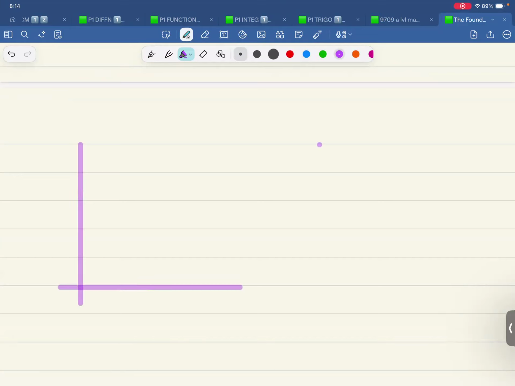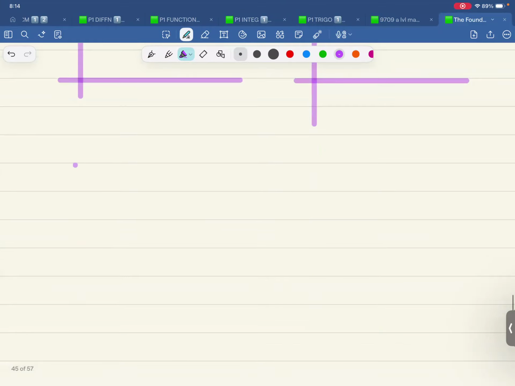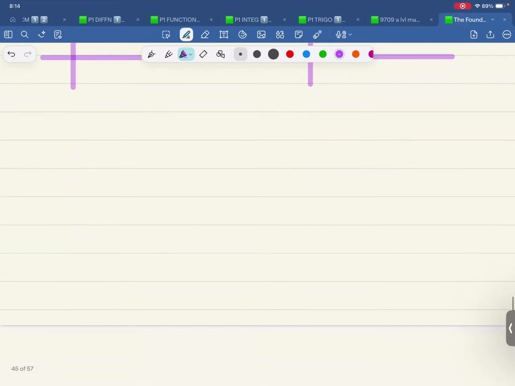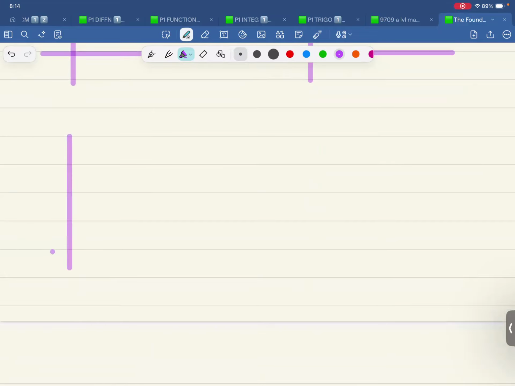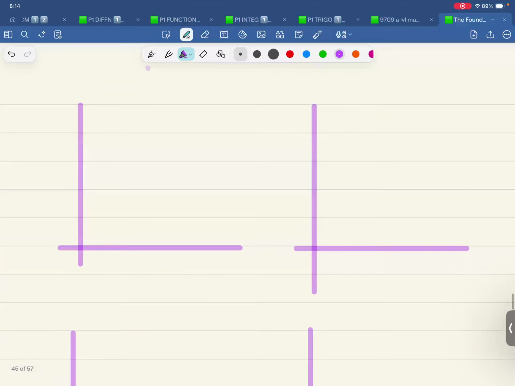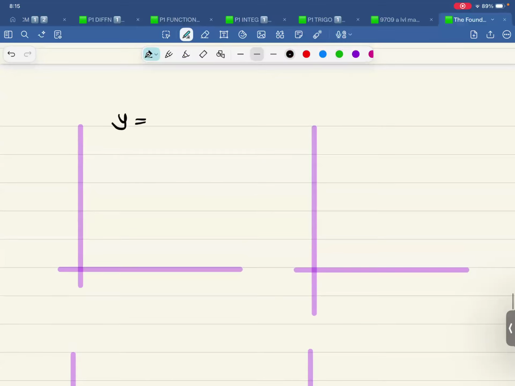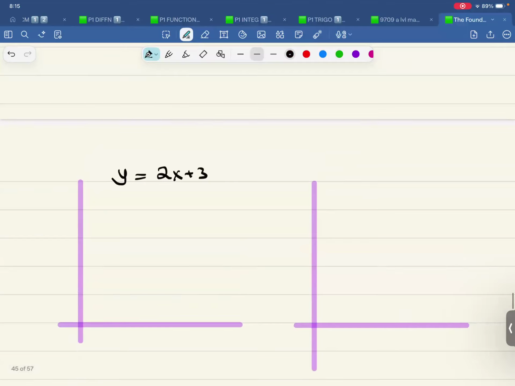That is the first one. There is the second one. Then there is the third one. Then there is the fourth one. So now I have drawn four grids over here. And let me draw two more grids for something else. Now, if someone asks me to draw the line y is equal to 2x plus 3, and it's all about a sketch.